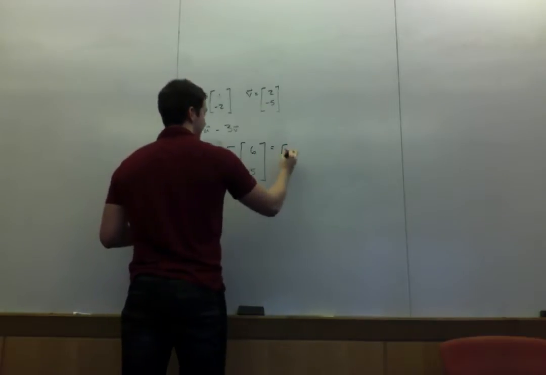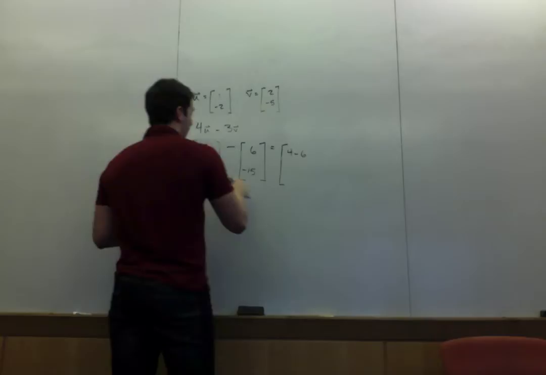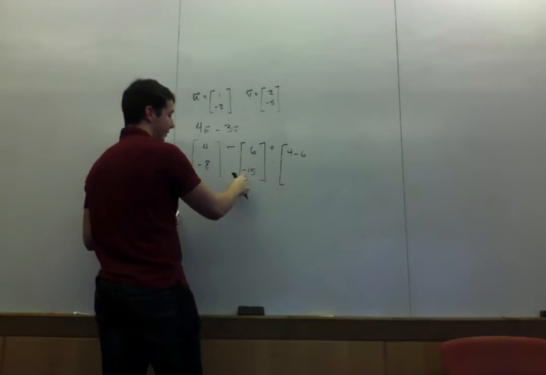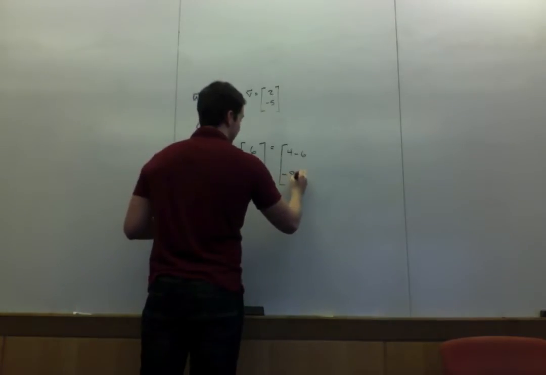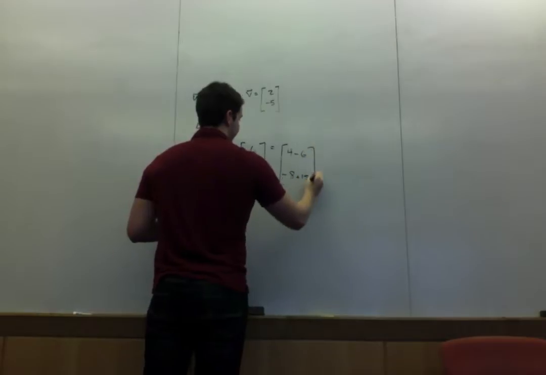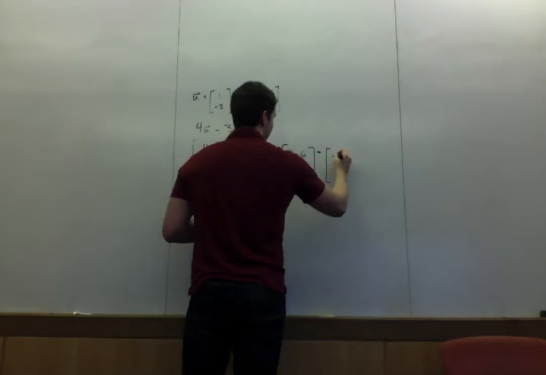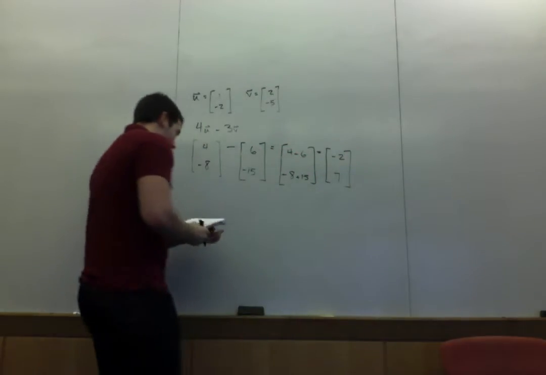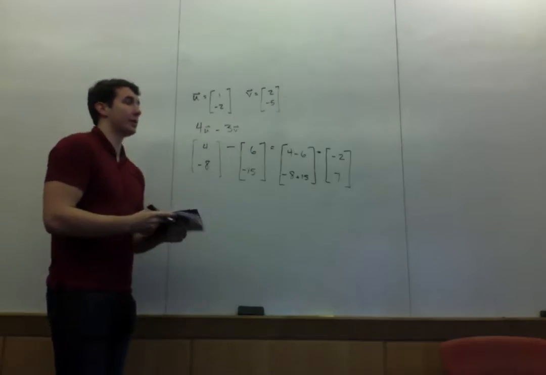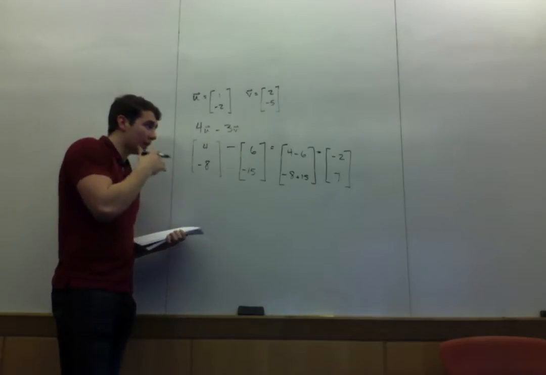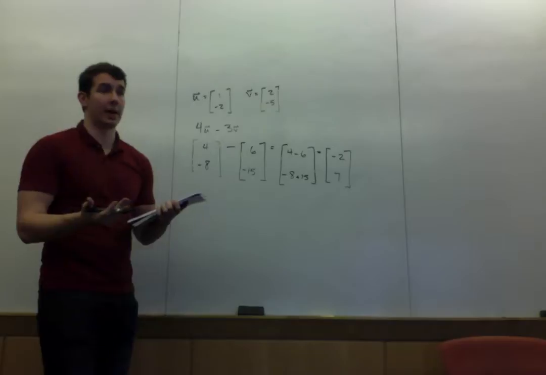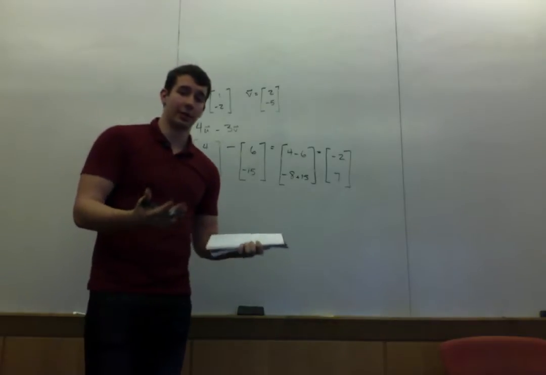We have 4 minus 6. We have -8 minus a -15, so -8 plus 15. So our answer for this ends up being -2, 7. And this is just an example of how we can not only add vectors and not only scale vectors, but also do the two of them together.